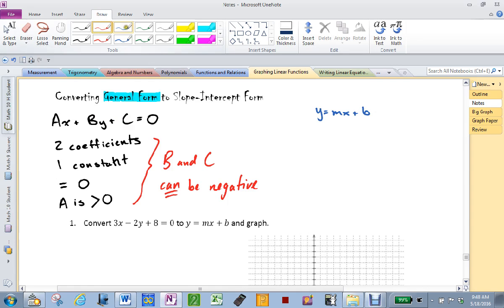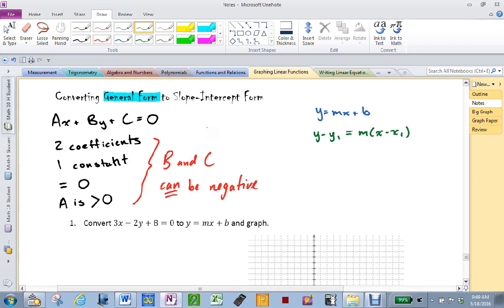The other form that we have is, of course, y minus y1 equals m(x minus x1), or y2 minus y1 over x2 minus x1. Point slope form. Again, it's got an x, it's got a y, it's got coefficients. So we can work between all three, because algebra allows us to build whatever it is we need. Is everybody cool?